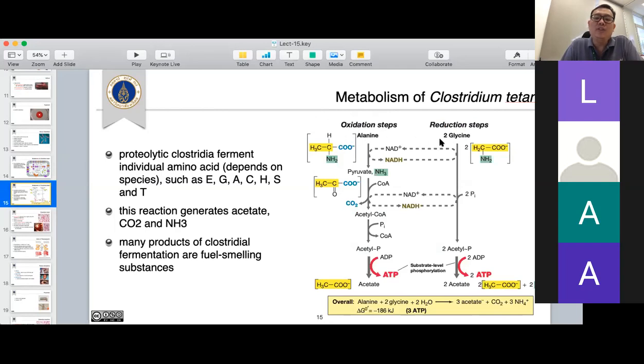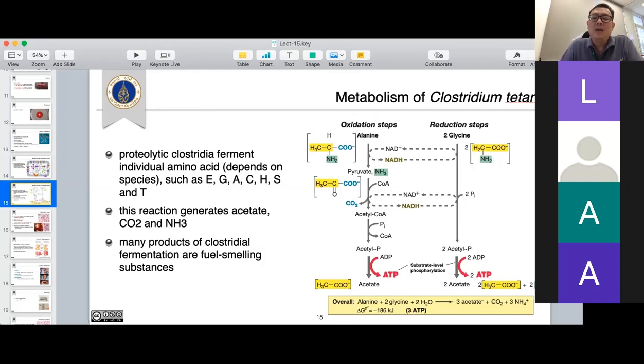They change alanine to pyruvate and ammonia, move the ammonia out, and convert to acetyl coenzyme A. Finally, the metabolite gives one molecule of acetate by this way and two molecules of acetate in this way.